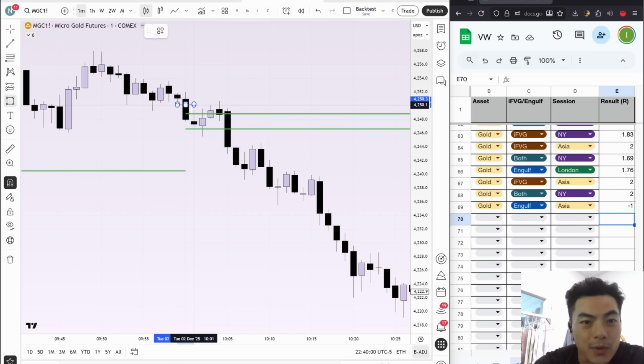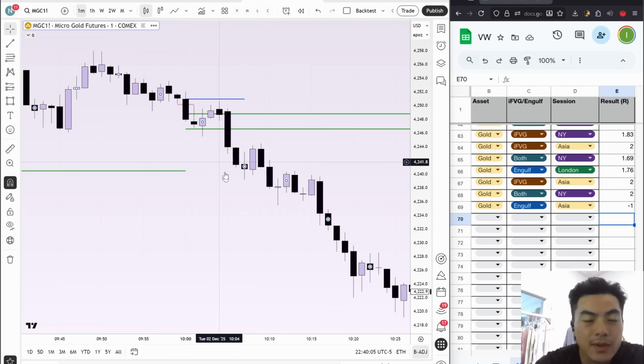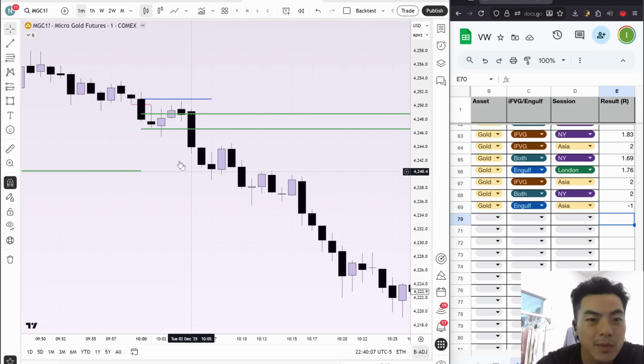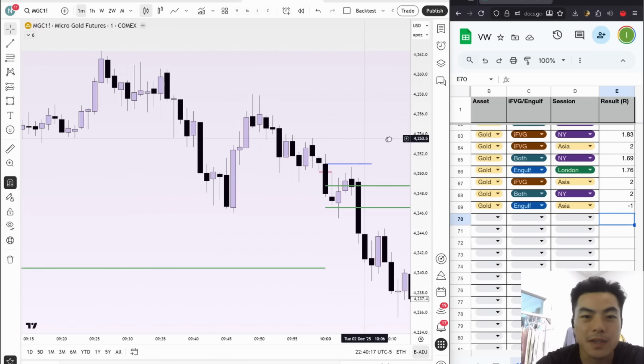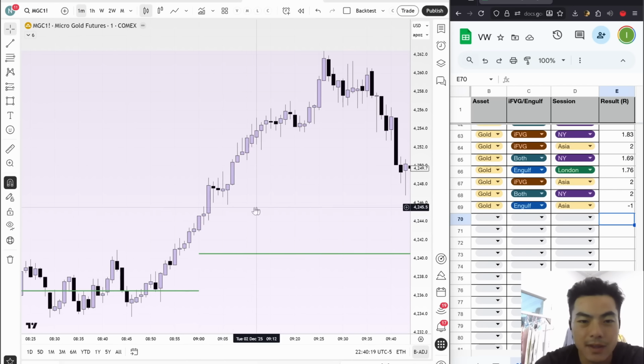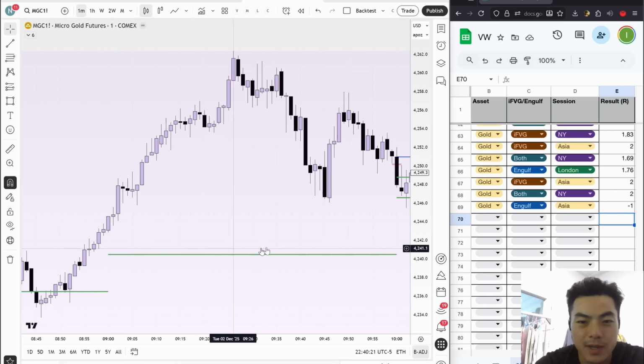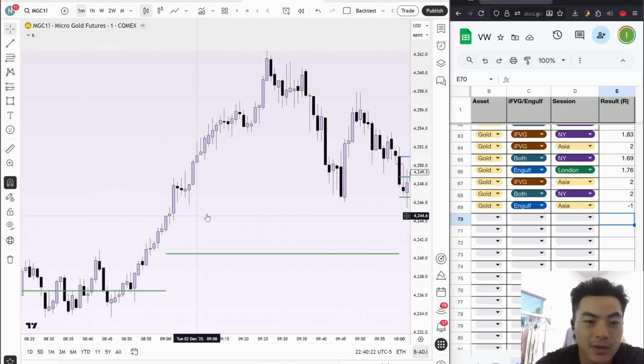No entry model because there is no engulfing or inverse fair value gap. And then we get another close below the second POI. But yeah, no entry model, so no loss there. Let's see this one. This candle, POI never gets engaged.